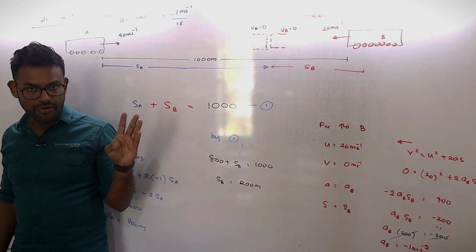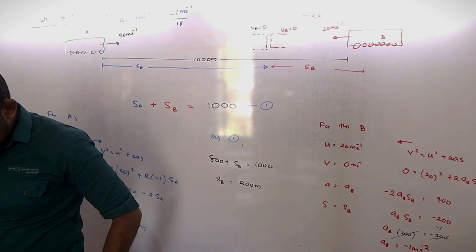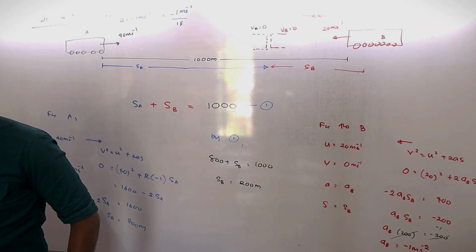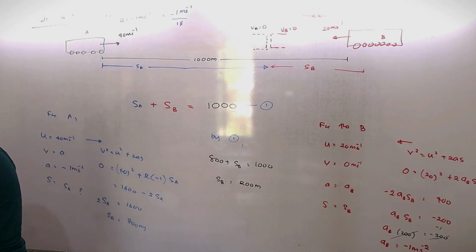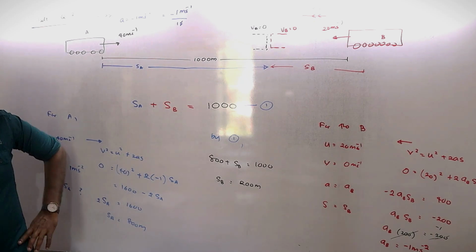For the O levels, we had 4, right? So there's something called average velocity.